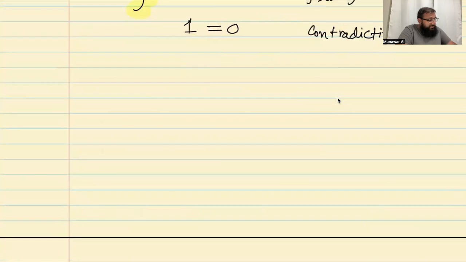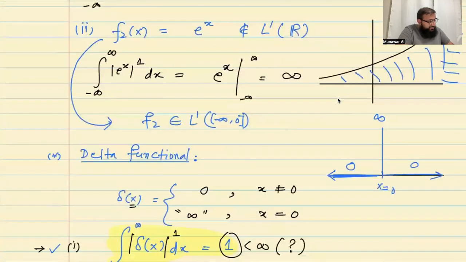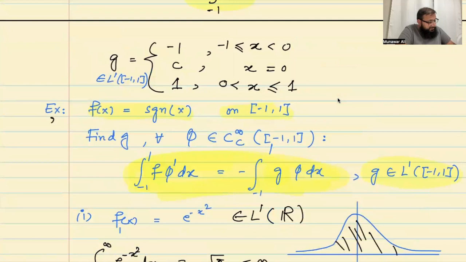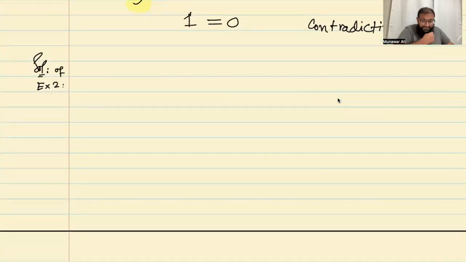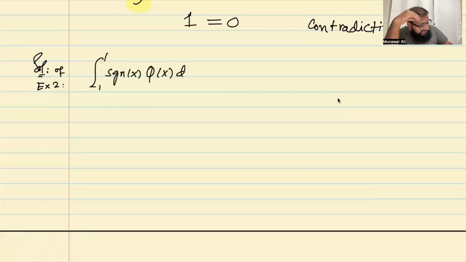So let me call this example 2, and this is the solution of example 2. What am I doing? I'm taking -1 to 1, taking the sine function and multiplying by phi of x dx. I'll integrate and find out what my g is.